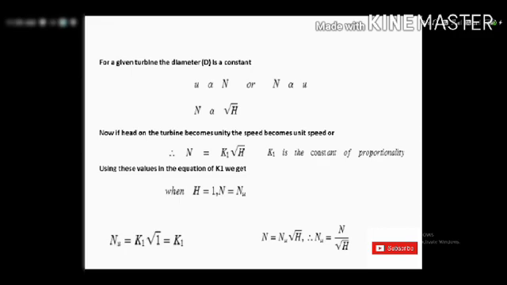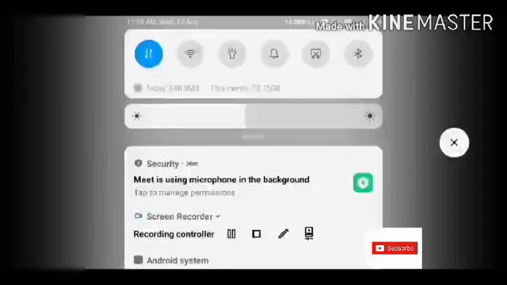So समज येते. So सगळ्यांनी हा फॉर्म्युला लक्षात ठेवायचा. Unit speed is equal to N divided by square root of h.